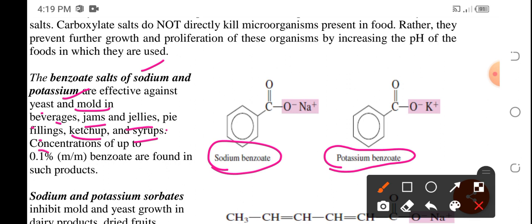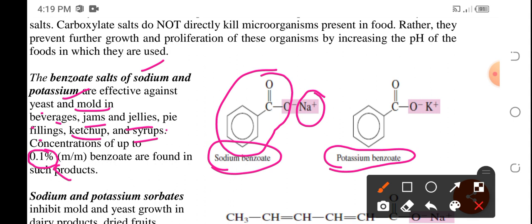But their concentration must be 0.1% mass per mass. So it does not reach 1%, just 0.1%, a very small concentration. So this is sodium benzoate. We have the sodium there, and this is coming from the benzoic acid. So if you have to predict what would be the carboxylic acid and the strong base that react to produce sodium benzoate, coming from the name, it could be sodium hydroxide and benzoic acid.